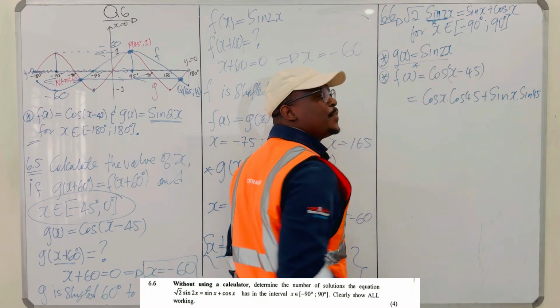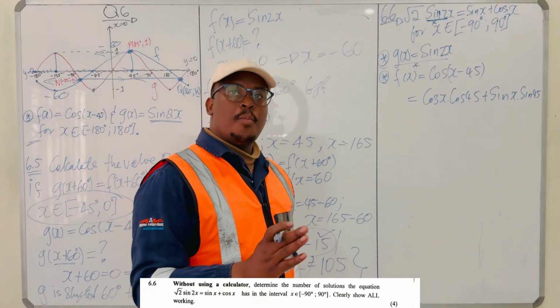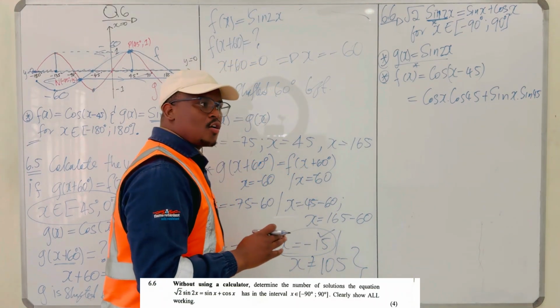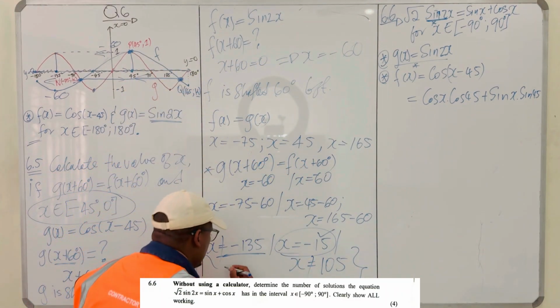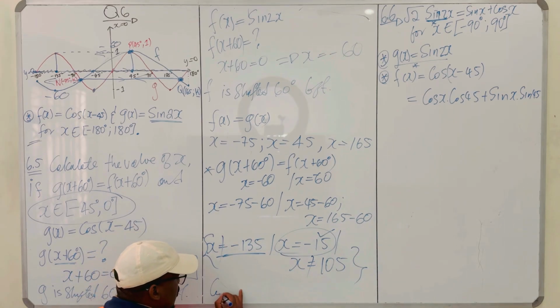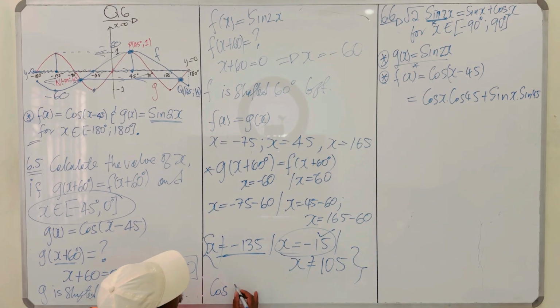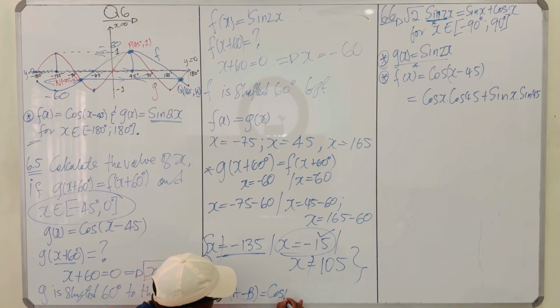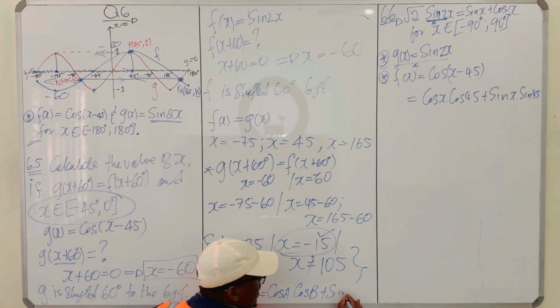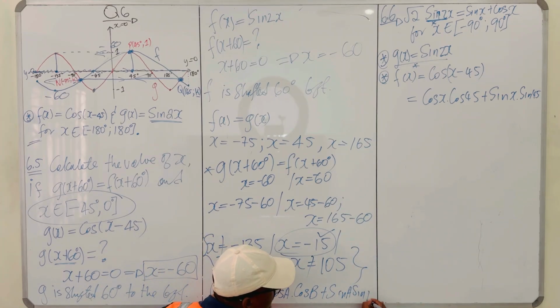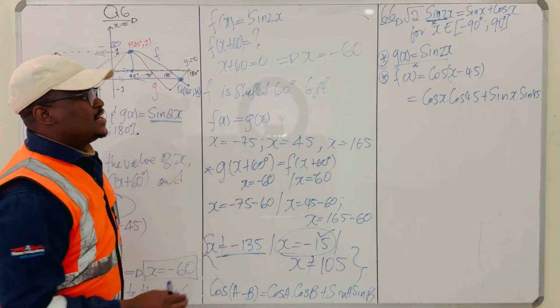If we expand this by our compound angle identity, because you know that cos(a minus b) is equal to cos a cos b plus sine a sine b. It's the same thing that I did there.